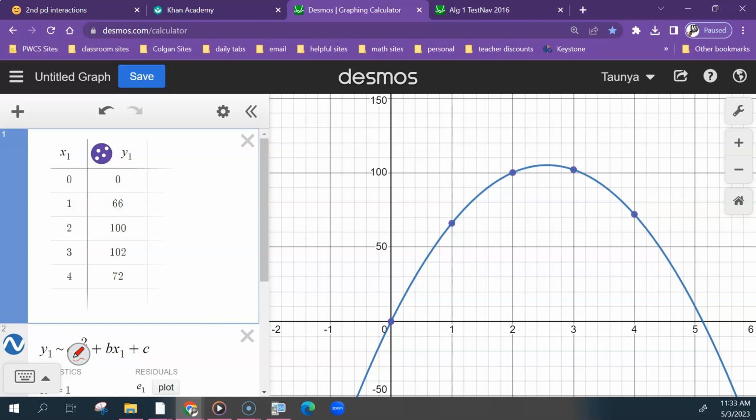So your quadratic should look something like that. If you have multiple up on your screen, if you're using Desmos, you might want to get rid of some of them. That way you're not confused. Use the magnifying glass that pops up. I just did mine, that's why it's not there. To zoom in.